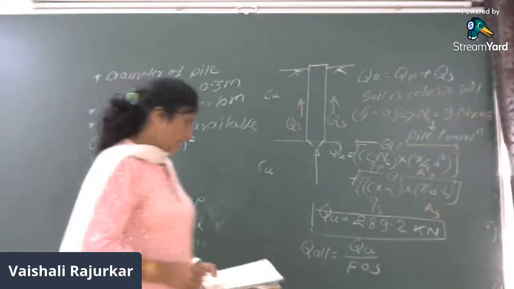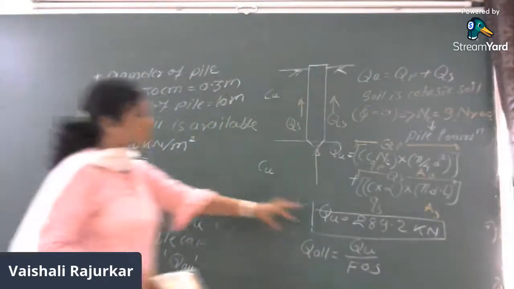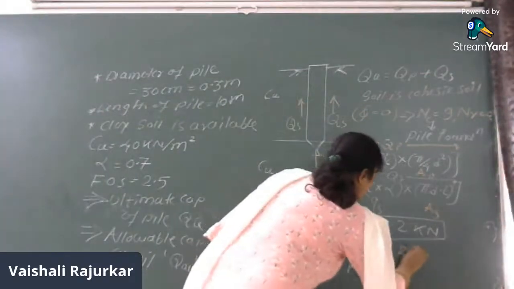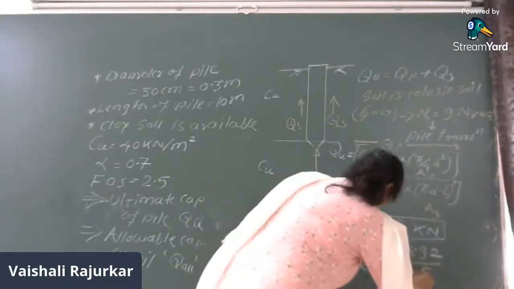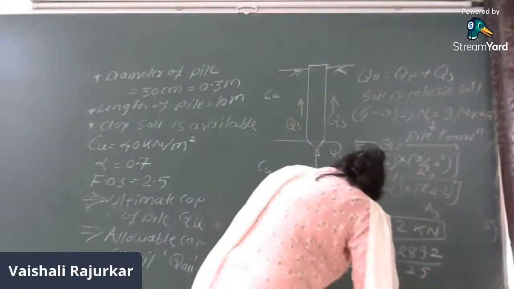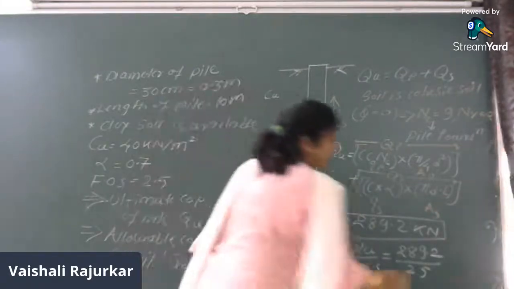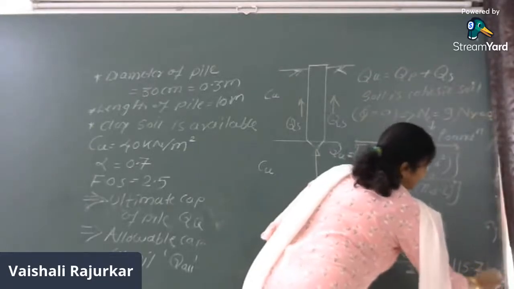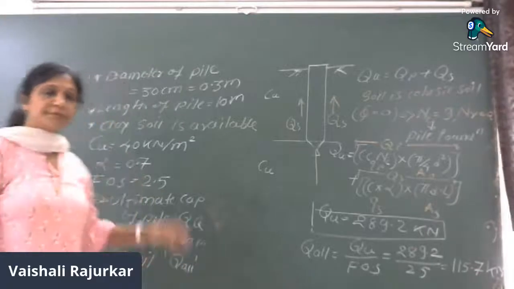Now, as the factor of safety value is given as 2.5 and QU is 289.2, so here we will just calculate 289.2 divided by 2.5, and lastly it is found to be 115.7 kilonewton. So by this way we can solve the numerical.